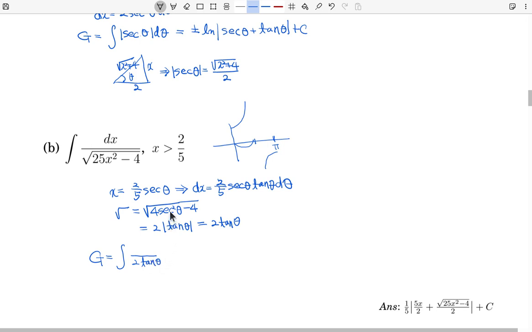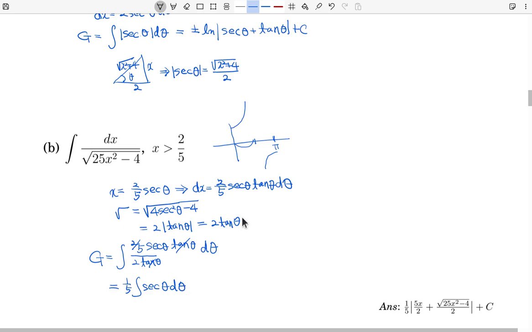And the top, dx, is 2 over 5 sec theta tangent theta d theta. So we can cancel here. Now 1 over 5 can go out, and then the integral of sec theta d theta.